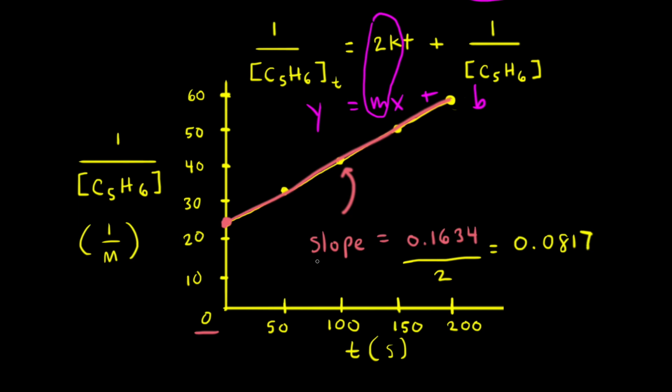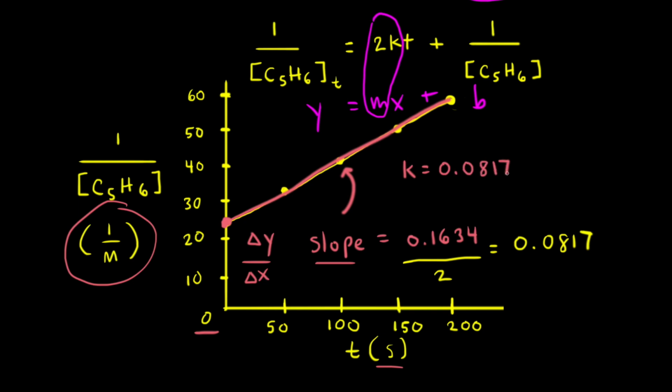To find the units for k, remember that slope is equal to change in y over change in x. And on our y-axis, our units are 1 over molar, and the x-axis, the units are seconds. So therefore, we can write the rate constant k is equal to 0.0817. This would be 1 over molar divided by seconds, which is the same thing as 1 over molar times seconds.